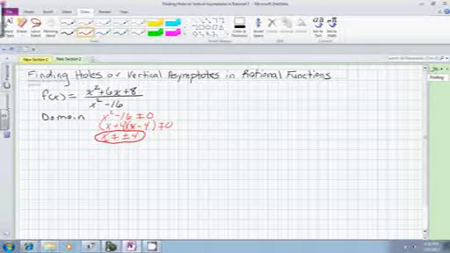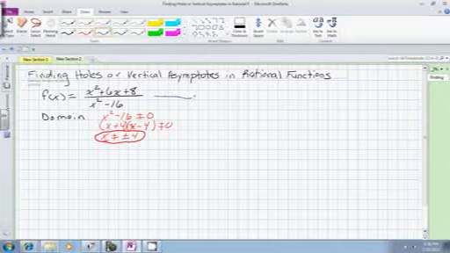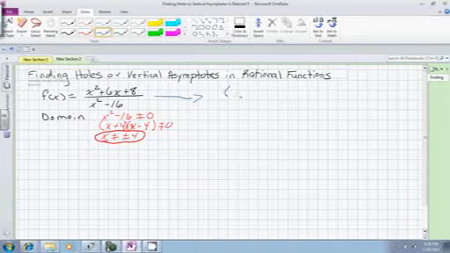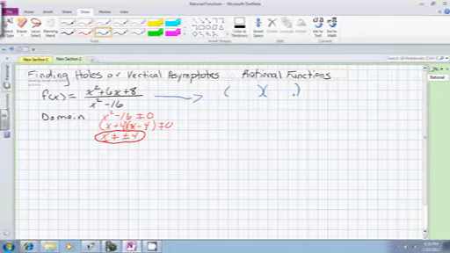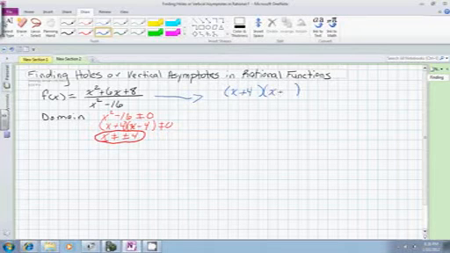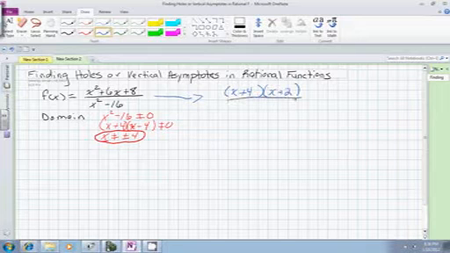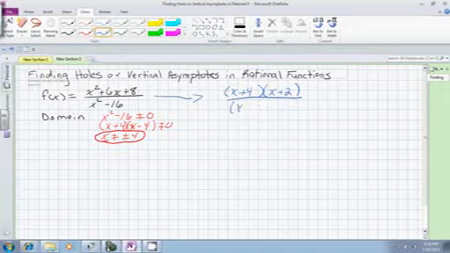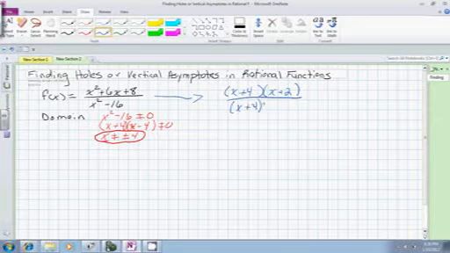So what I'm going to do is take my function and factor both the top and the bottom. So the top will factor as x plus 4, x plus 2. The bottom was already factored, x plus 4 and x minus 4.